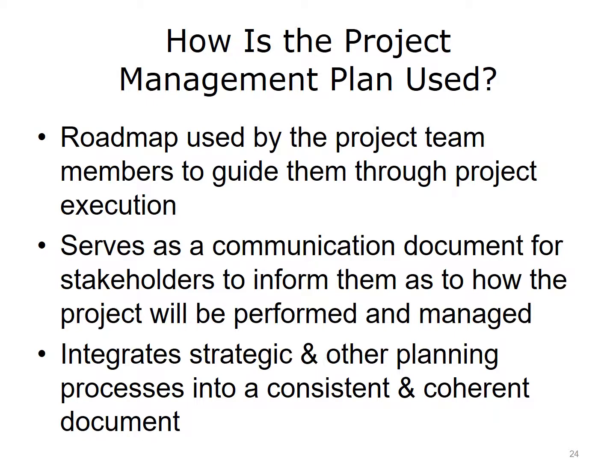Team members use the project management plan as a roadmap to guide them through project execution. It informs stakeholders about how project activities will be performed and managed. And finally, it integrates strategic and other planning processes into a consistent and coherent document.